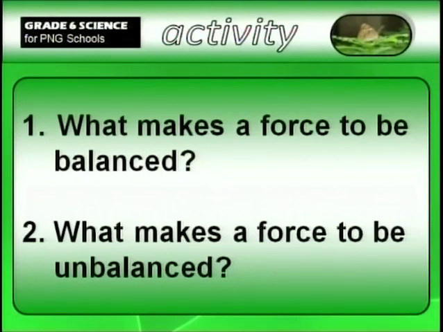Number 1, what makes a force to be balanced? And number 2, what makes a force to be unbalanced? We have already gone through the demonstration, so by now you should be able to answer those 2 questions.